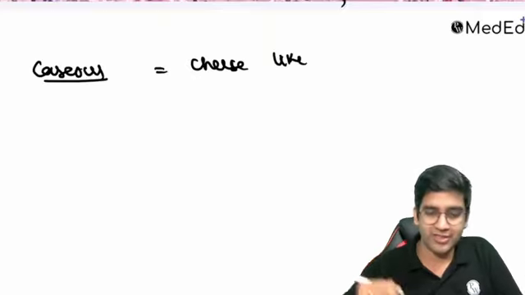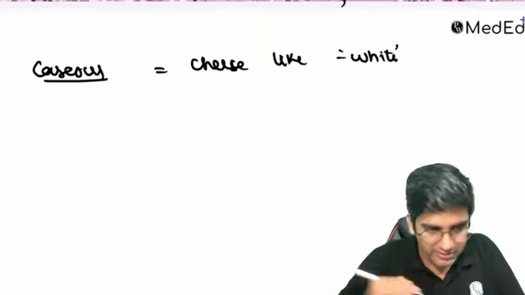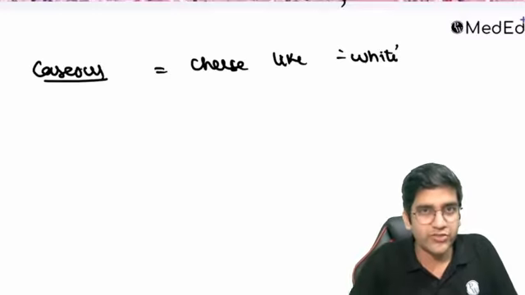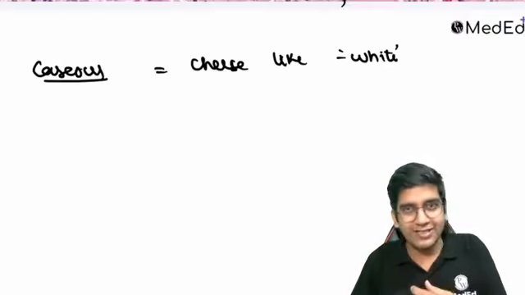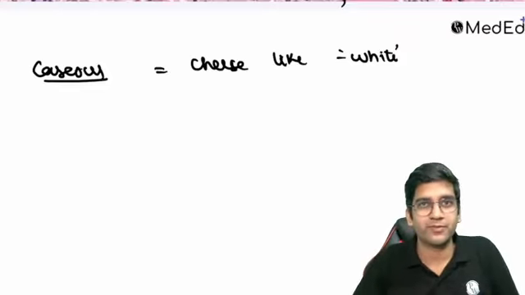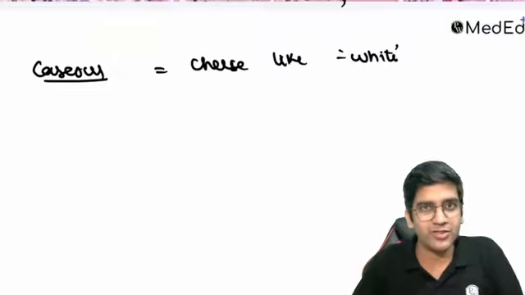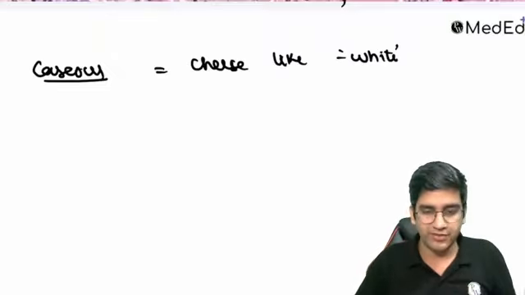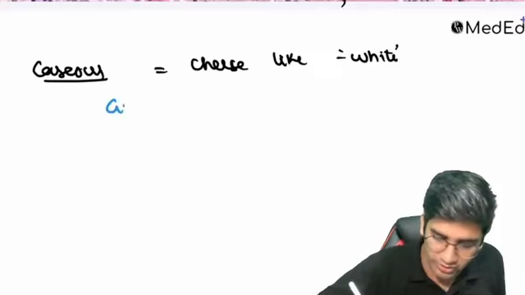It's white in color. So listen carefully and answer this question. It's caseous, cheese-like, white color necrosis. So will white color be seen with the naked eye or in microscopy? In microscopy, the color of necrosis is pink. Just now we saw it's pink in color, right? So white is only a gross terminology.